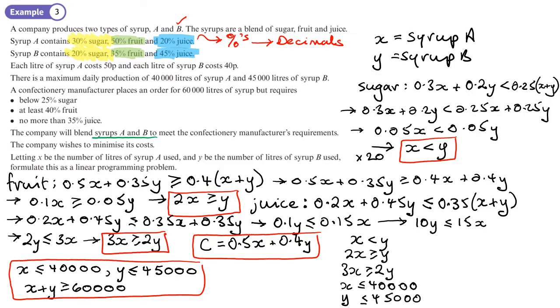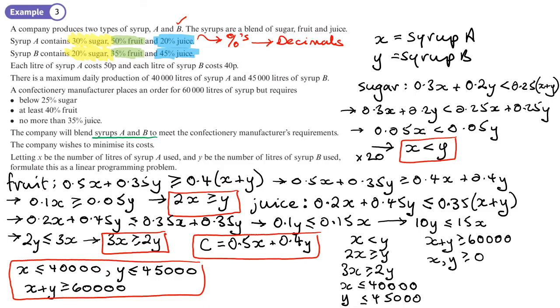Quite a few constraints here. x plus y needs to be greater than or equal to 60,000. Also, we need to look at non-negativity. So x and y both need to be greater than or equal to 0. We can't have negative amounts of syrup.